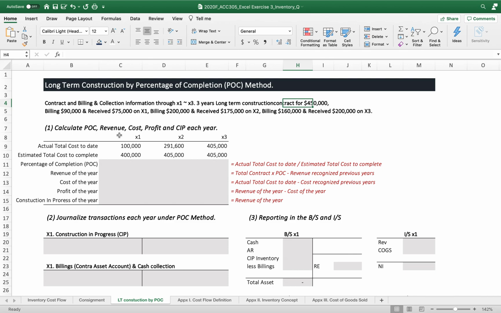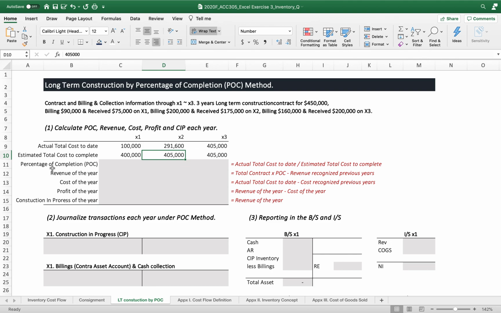And the estimated total cost is the total cost to completion. So it can be changing, like this 400,000 and 405,000 increased. It can be changing in real life. For example, when the material cost has increased, this total cost can change, right?